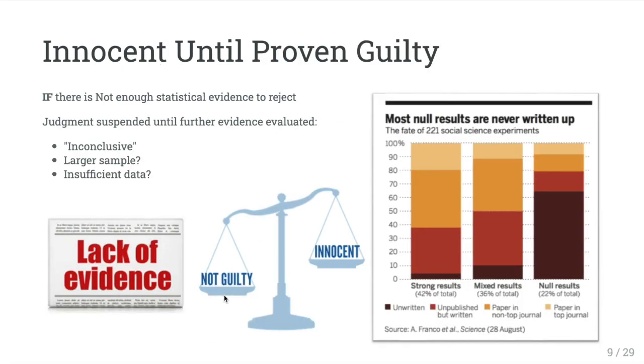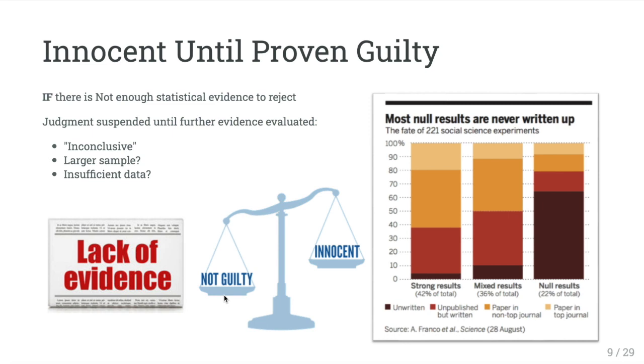One thing that's really important to remember in science is this idea of innocent until proven guilty. So if there is not enough statistical evidence to reject the null, to say the null, it's probably not true, then we can't say that the null is true, because that is not what we're testing. In the end, we either find out if there's evidence against the null or if there's not evidence against the null.